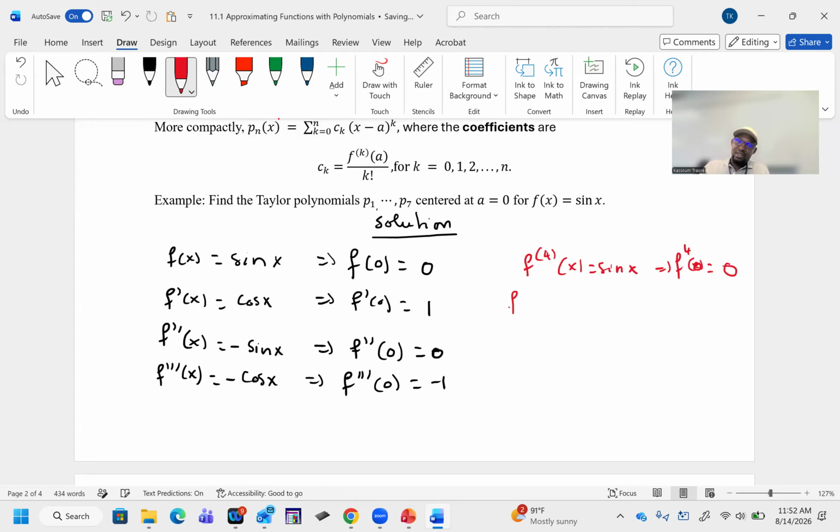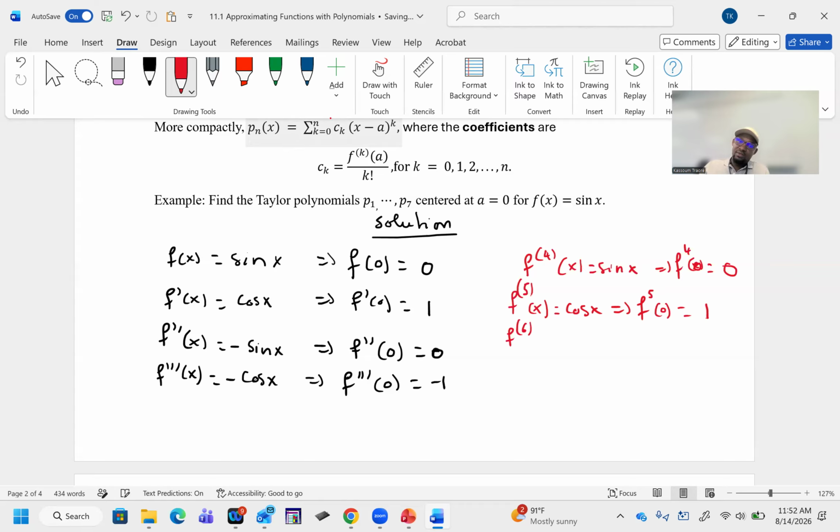The fifth derivative of f of x will be cosine x, and cosine of 0 is 1.